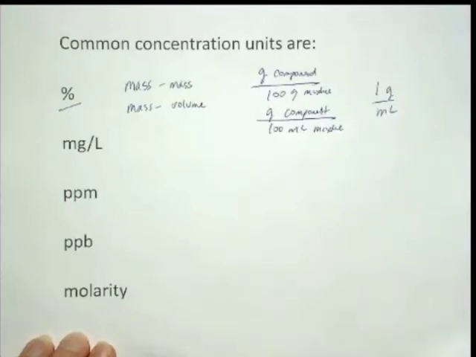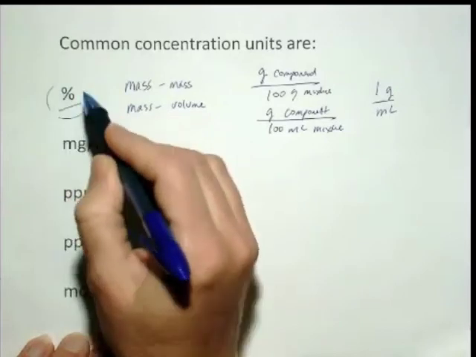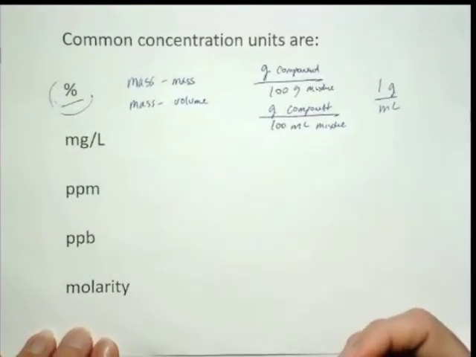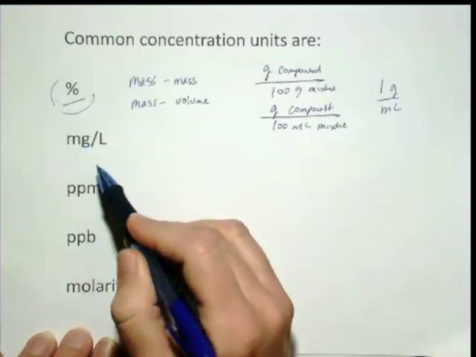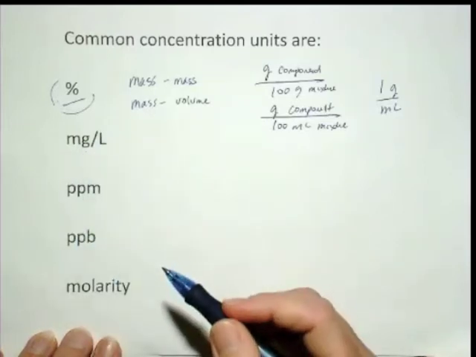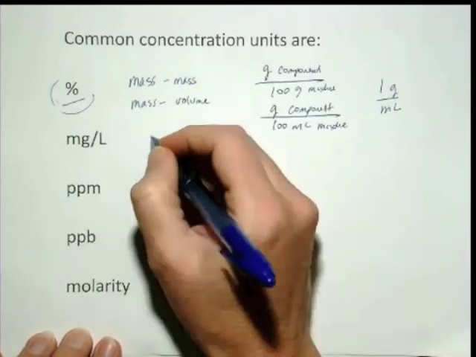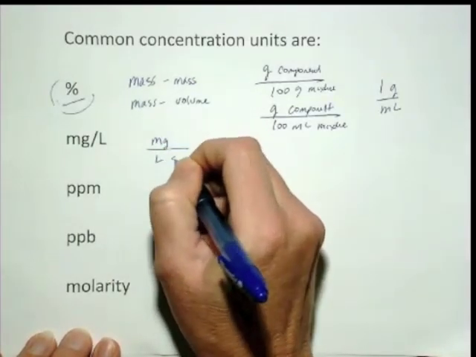Okay. Another common unit used, now the percent unit is used when you have a high concentration of whatever you're talking about, because remember, per 100. The milligram per liter unit is used when we have smaller quantities of solutes within the solvent. And this means a milligram of the component per liter of the solution.